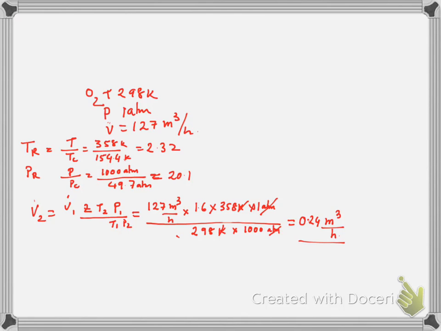Holy moly! We're taking 127 cubic meters, and when you compress it to 1000 bar, it's becoming less than a meter cube, or 0.24 meter cube per hour.